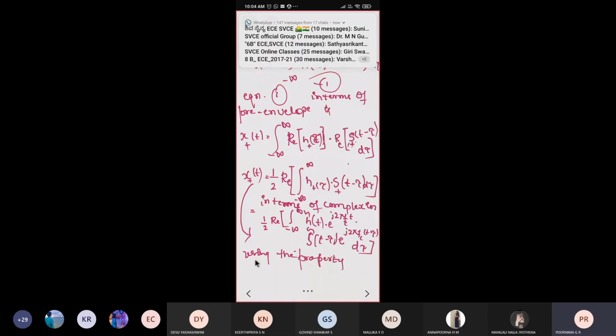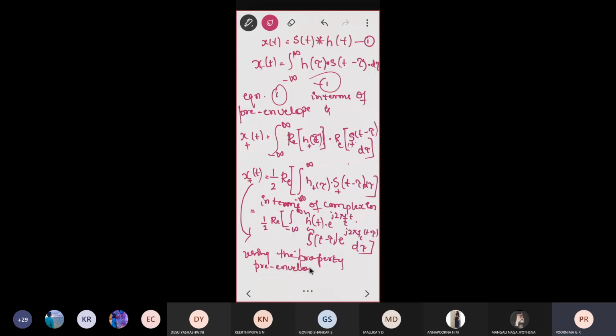Just the pre-envelope's property we have used, and we have represented the whole bandpass system with a bandpass signal. Now, by definition, this is the pre-envelope. Okay, I think there is a mistake here.